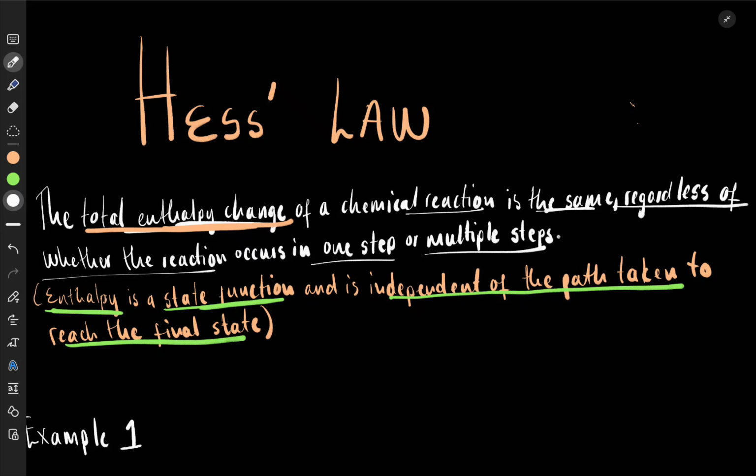Then we don't care how you come from the reactants to products. Either you do it in one step or in 3 steps, when you sum up those enthalpies of the same reactants making the same products, the enthalpy is going to be the same.